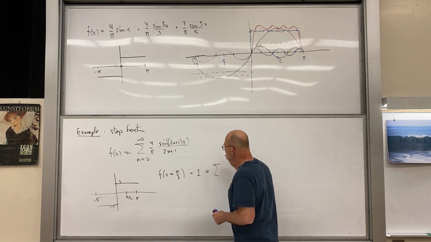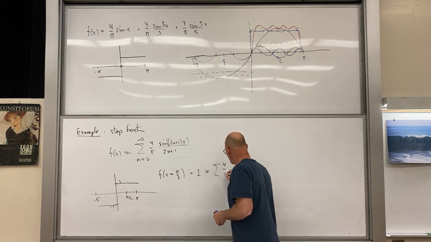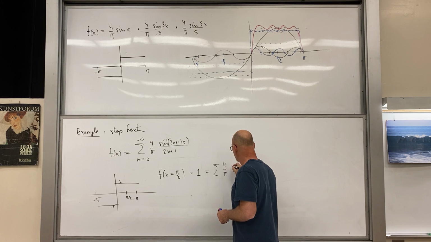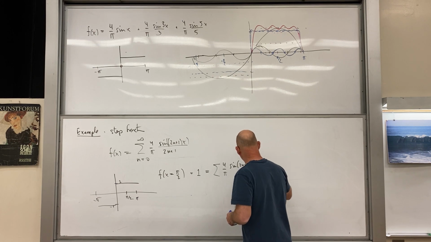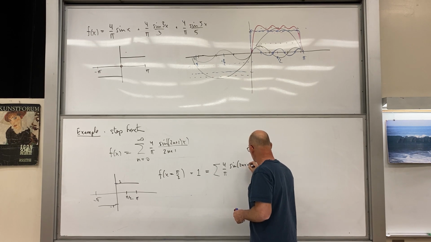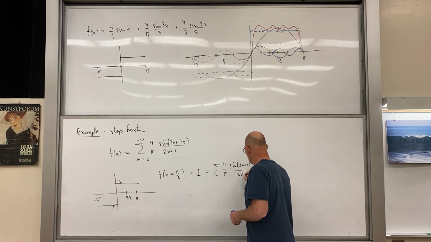And now we have this series here. We have 4 over pi, sine of (2n plus 1) times pi over 2, divided by 2n plus 1.